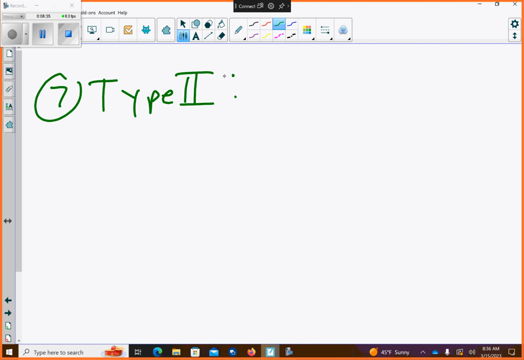Remember, type 2 error is when we fail to reject the null when it's really false.